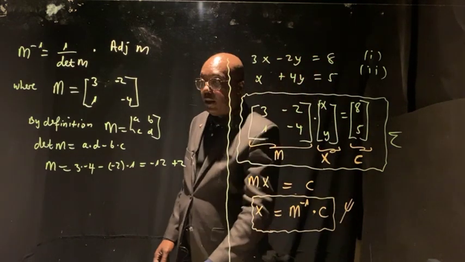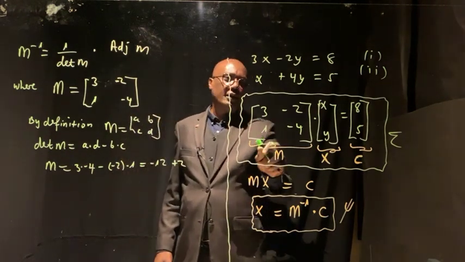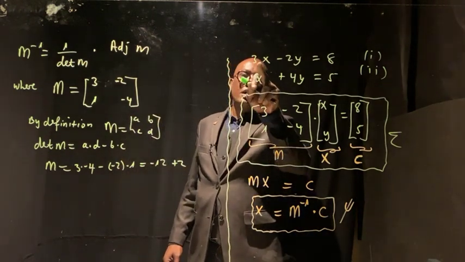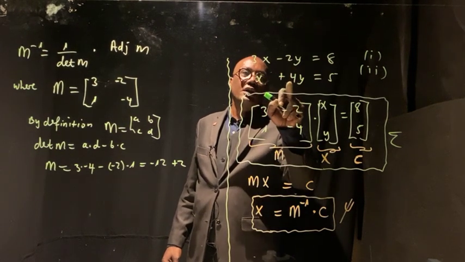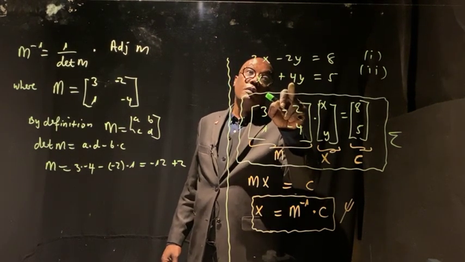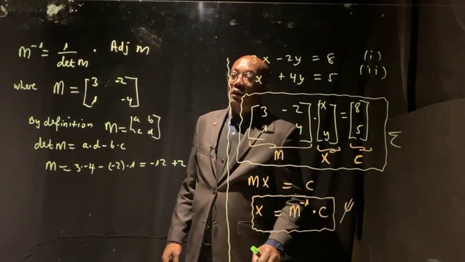Yeah, we come back. I think there was a slight mistake over there. You see, this is 3 and this is 1. This is minus 2 and this is plus 4. So this is not minus. Very good.